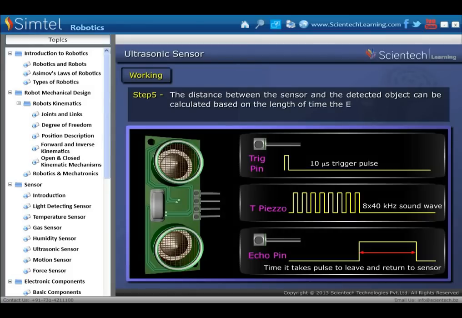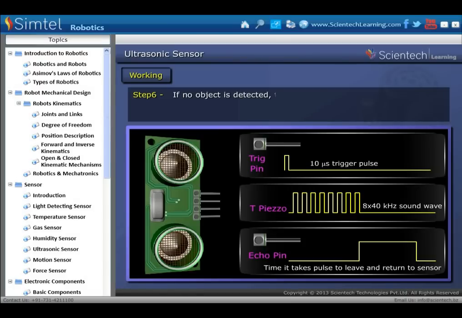The distance between the sensor and the detected object can be calculated based on the length of time the echo pin is high. In the last step, if no object is detected, the echo pin will stay high for 38 milliseconds, and then go low.